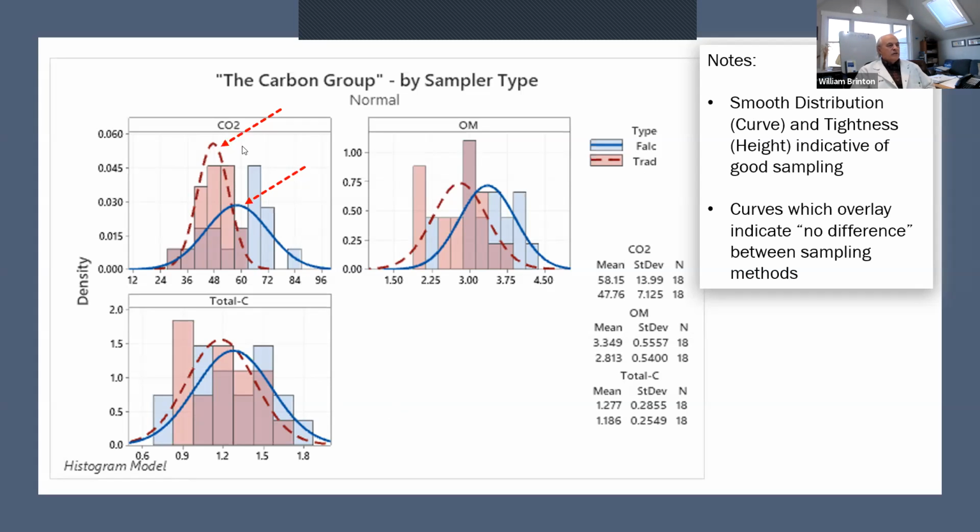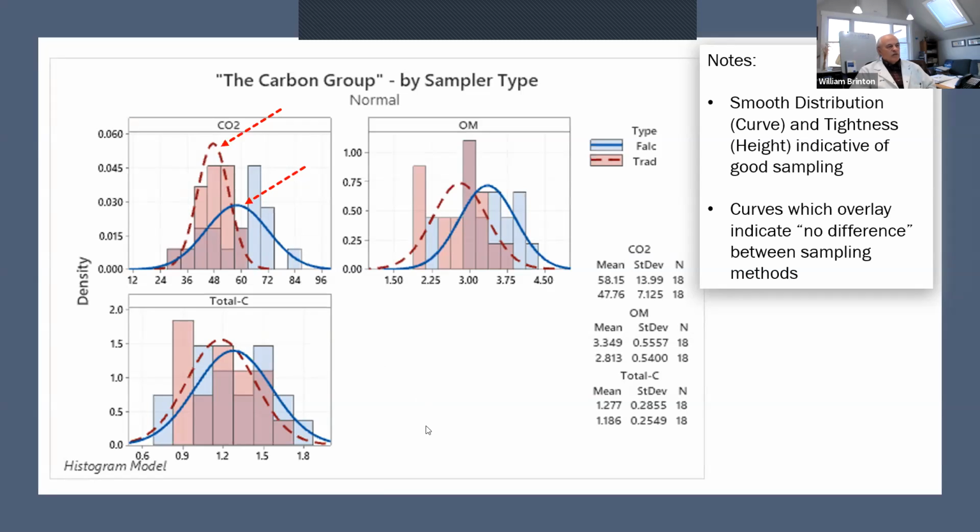In all cases, with the Falcon, we got higher levels of respiration, but it spread out more than with the traditional sampling, which had a lower average but a tighter set of results. Organic matter, the Falcon was higher with the exact same distribution as with traditional sampling. And total carbon, they were very close, but the Falcon was, again, higher, higher average, that is.